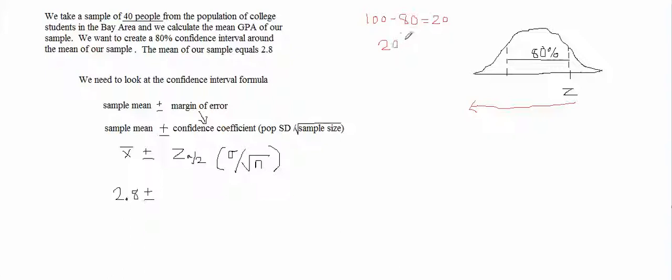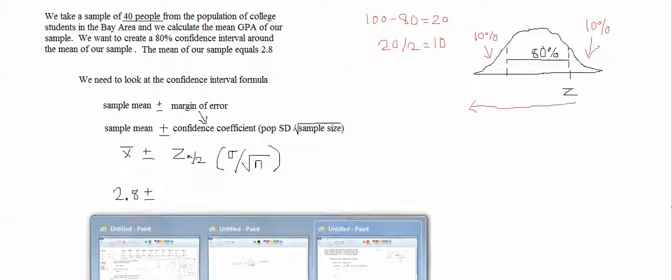Divide that by 2, split it in half, and you get 10, which means that since 80% are in the middle, this tail here has to be 10% of the samples, and this has to be 10% up here. Because they all have to add up to 100. So what we really have is just our lower tail, the lower 10%, the middle 80%, and the upper 10%.